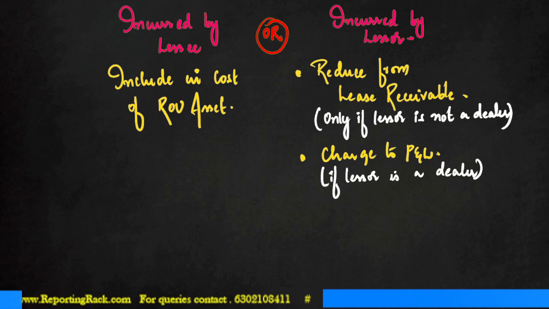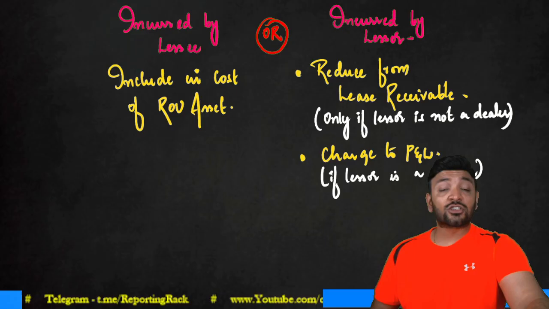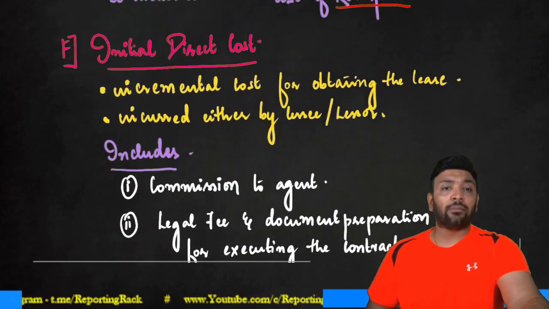But lease incentive is 100% an expense to the lessor and 100% a gain to the lessee, so accounting treatment should be done for both of them. Now if you have written that, that will bring us to the end of this concept of direct cost on lease, which is your point number F.